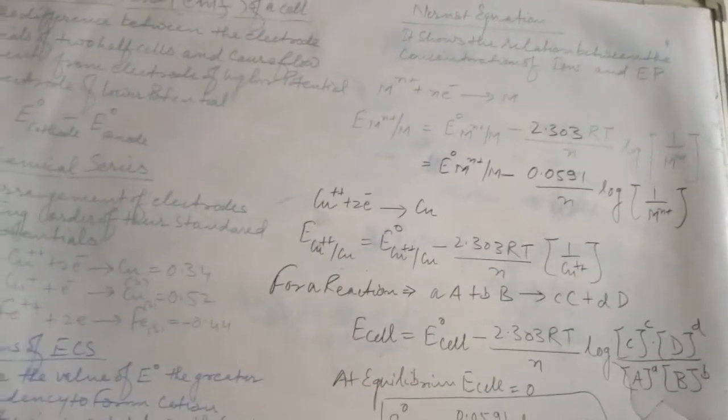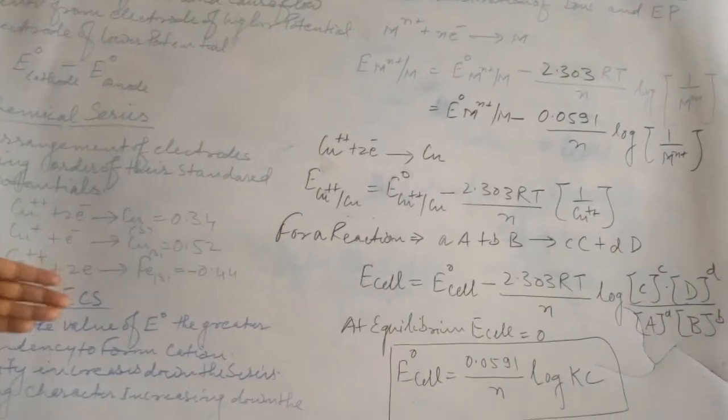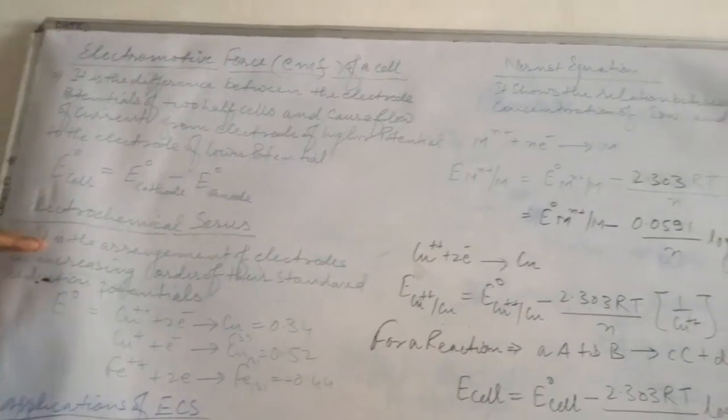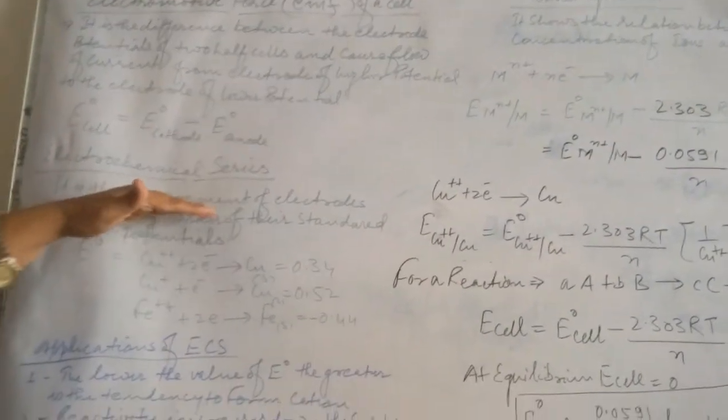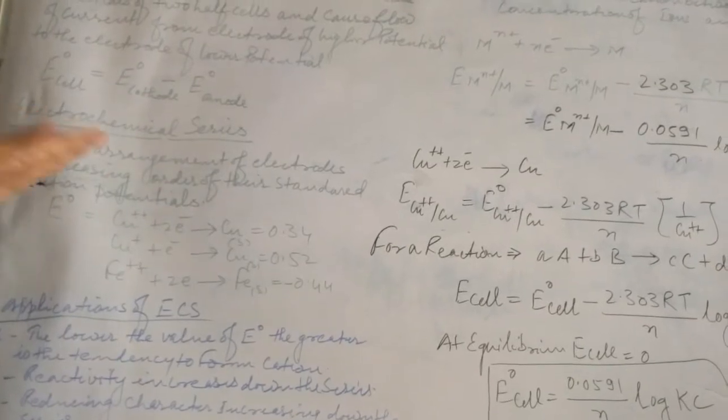Now, children, there is a series, the electrochemical series, mentioned in your NCERT book and reference books everywhere. I am going to discuss that series. It is the arrangement of electrodes in increasing order of their standard reduction potential.